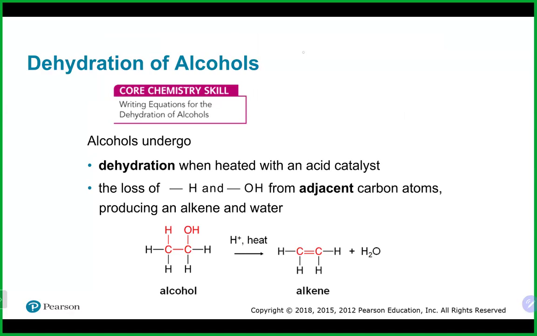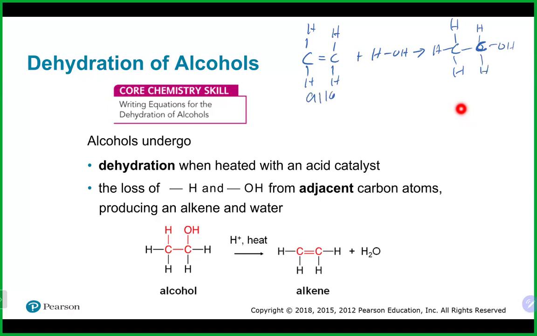If you remember, we made the alcohol by adding water to our double bond through a hydration reaction, so we went from an alkene to an alcohol. In an elimination or dehydration reaction, we're going to take the water out. We're basically going to remove water.